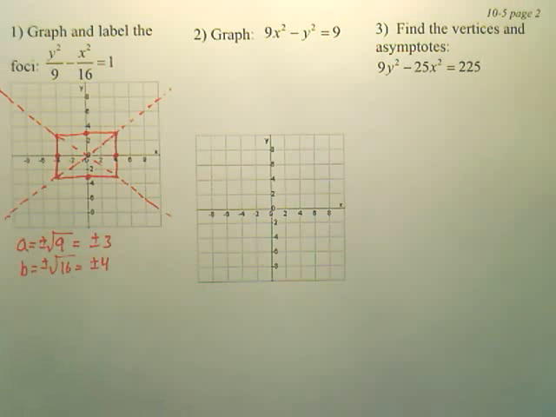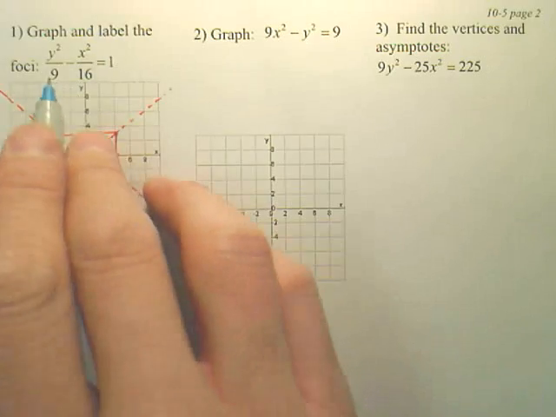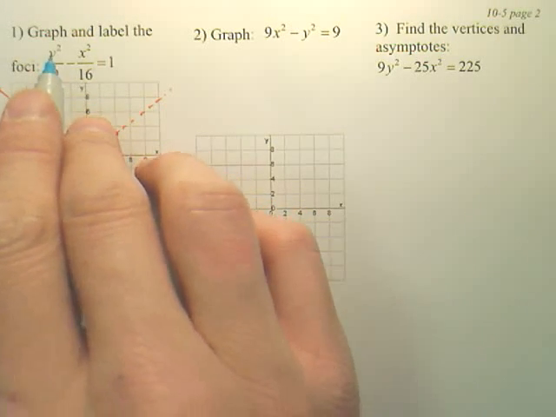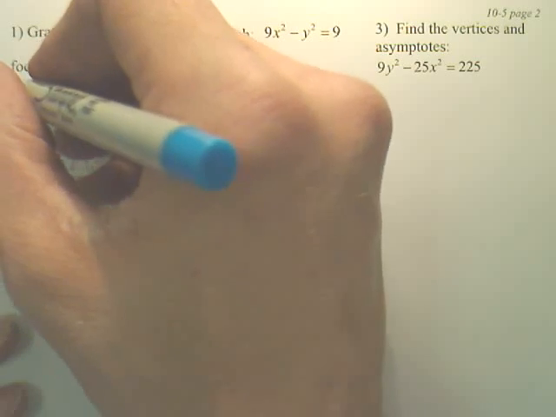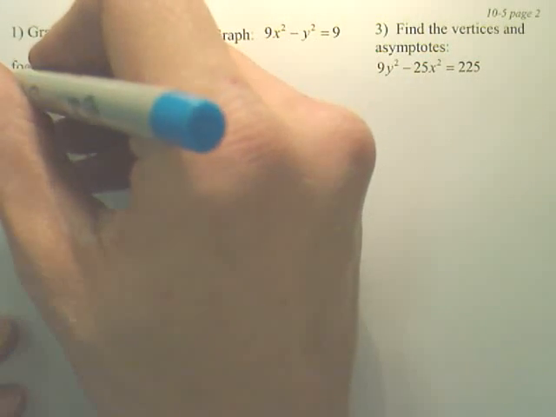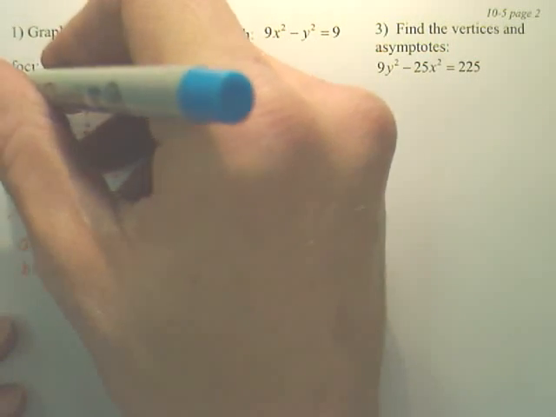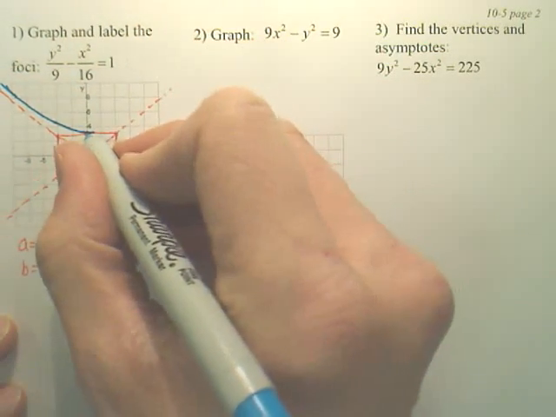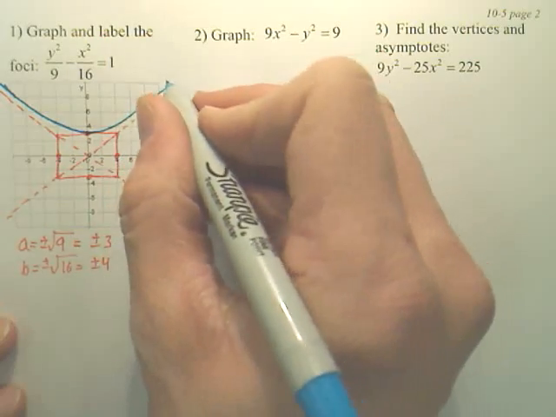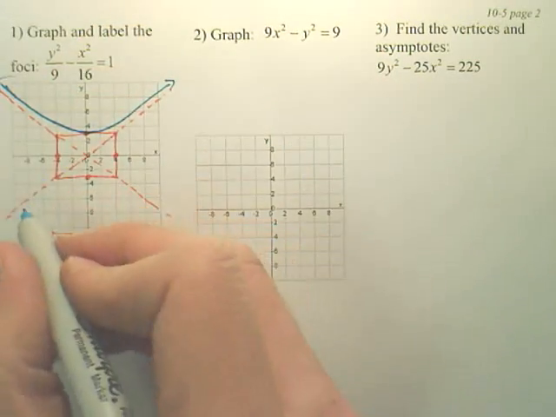So we create our little box, create our asymptotes, and then why is that useful? Well, watch what happens. Since the y is first, it tells us where we're opening. So y is first, which means the hyperbolas are going to open up here. So the hyperbola goes along this asymptote, comes down, hits that vertex, turns around and goes along the asymptote.